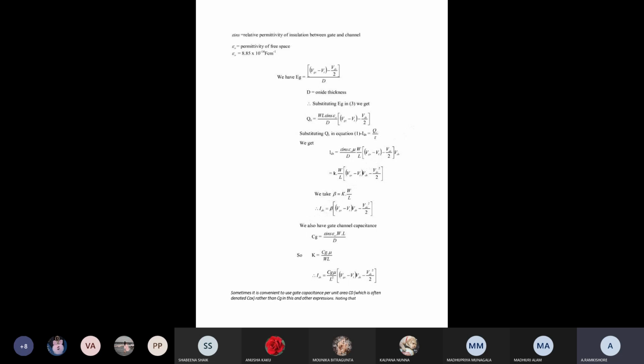Again, we have to remove some of the resistive regions. In case VDS is less than VGS minus VT, at that time we consider some constant factor beta.